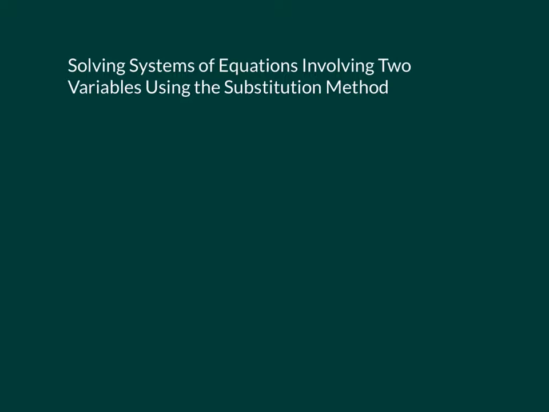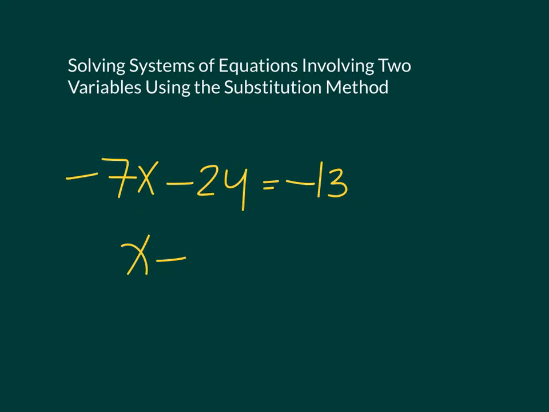Let us take, for example, the equations negative 7x minus 2y equals negative 13, and x minus 2y equals 11.